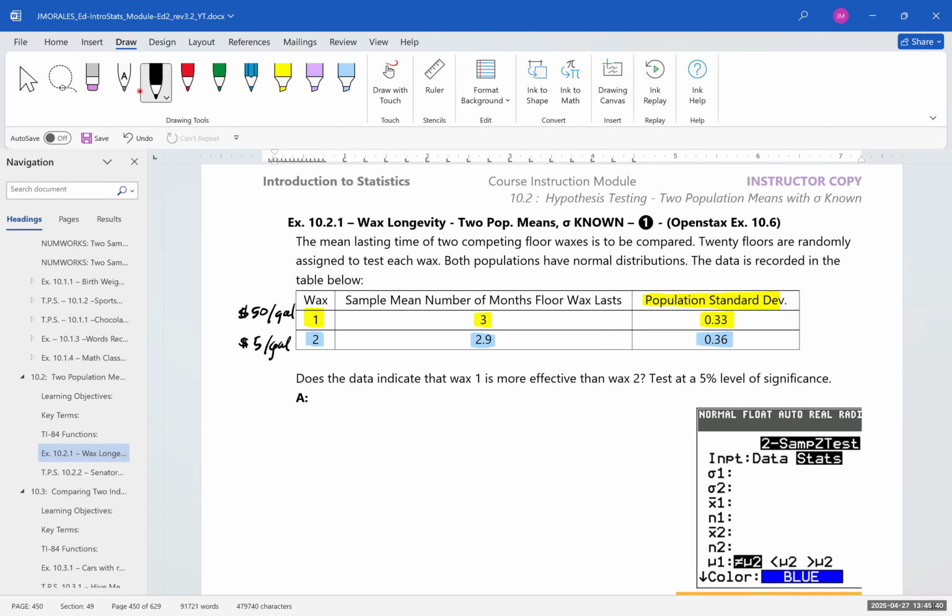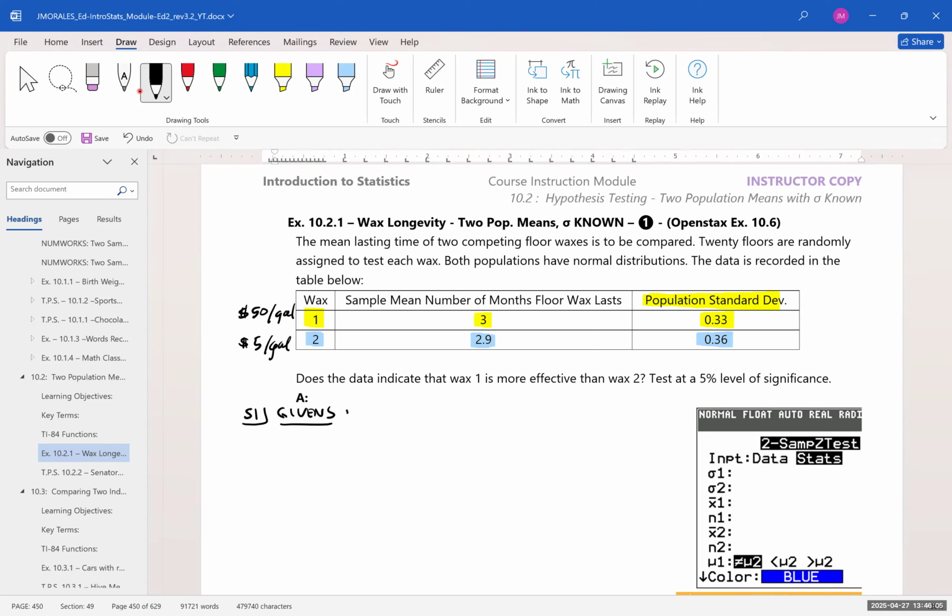All right, so step 1 in our solution is let's look at the given information. So the mean lasting time of two competing floor waxes is to be compared. 20 floors are randomly assigned to test each wax.